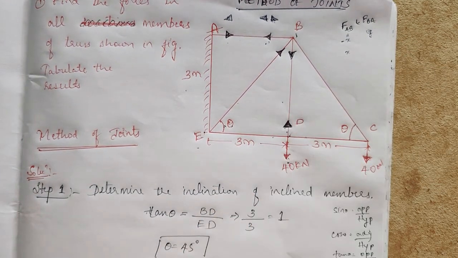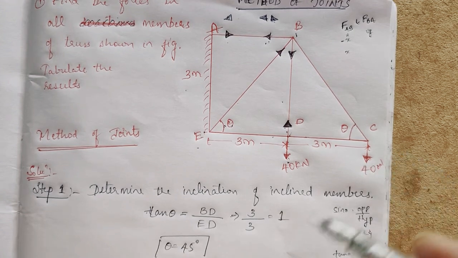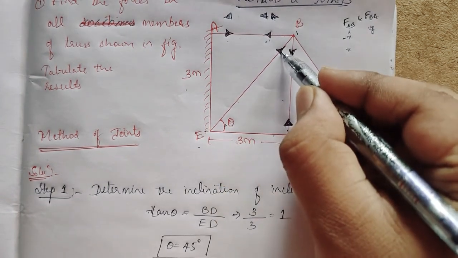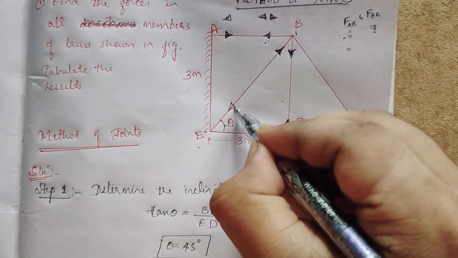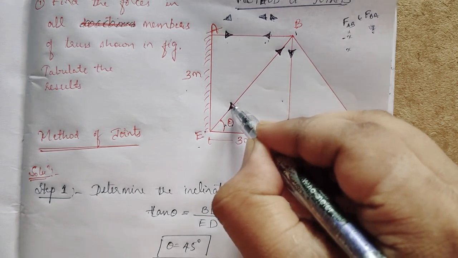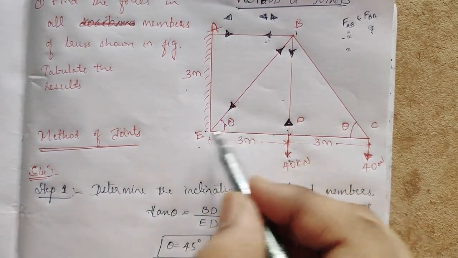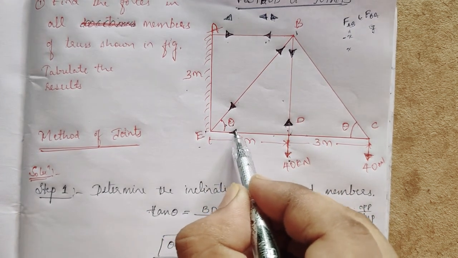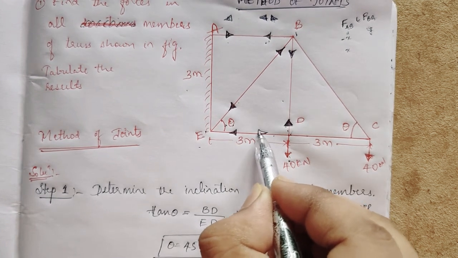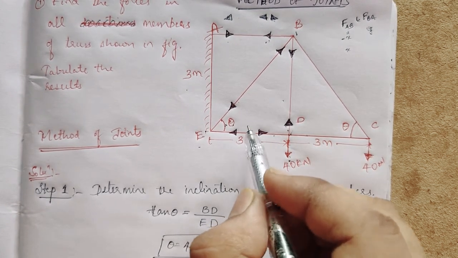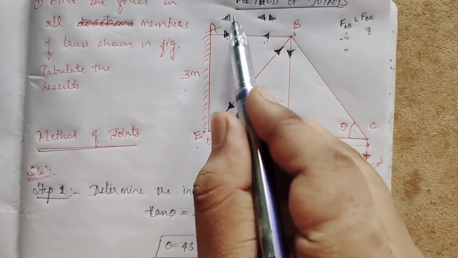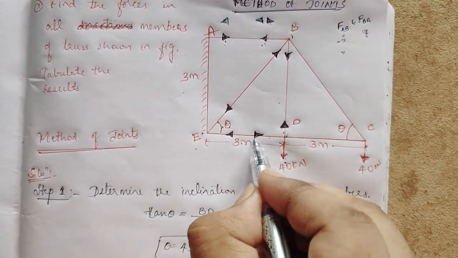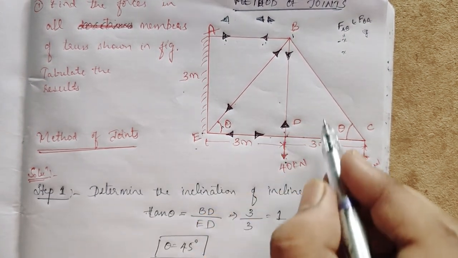No problem, if this is wrong, the answer will come in negative, we have to make it positive again. Okay, I'll assume this is going inwards. So if you assume this going inwards, this is opposite and equal. A force is coming, this force is going, so another force will be coming. I'll assume like this, so opposite and equal. So in the same member, both the forces, one like this and one like this, should not be there. They should be opposite and equal, opposite in direction.